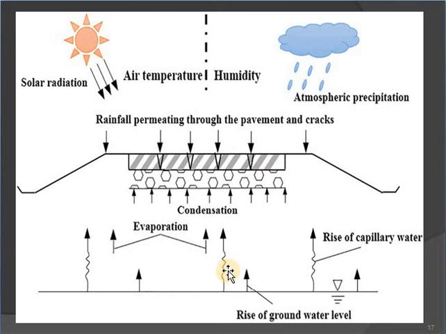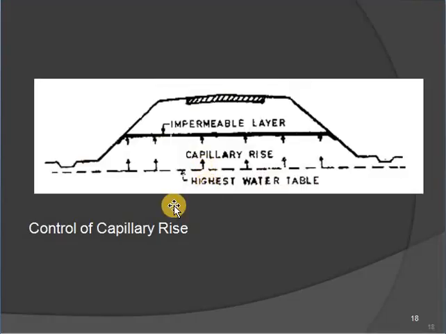And this is the diagram you can see here: air temperature, humidity, solar radiation, condensation, rainfall penetrating through the pavement and cracks, rise of capillary water. The water which penetrates here is the rise of capillary, and this is the rise of groundwater level. So this is nothing but control of capillary rise.